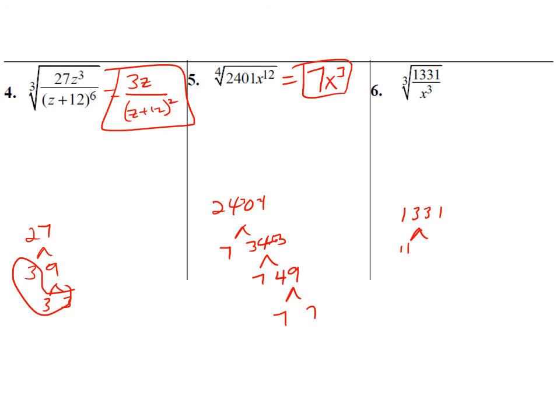So if I try 11, 11 goes in 13 with 1, remainder of 2. 11 goes into 23 twice with remainder of 1. And 11 divided by 11 is 1. So this breaks down to be 11. I have a group of 3 11s. So the cube root of 1,331 is 11. And 3 divided by 3 is 1. My answer would be 11.